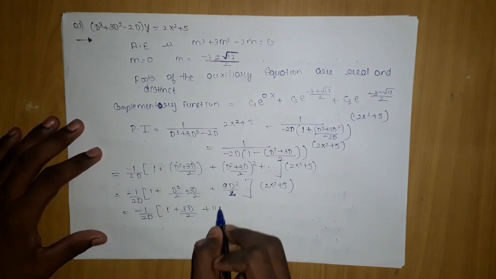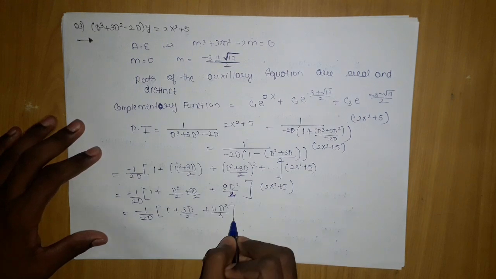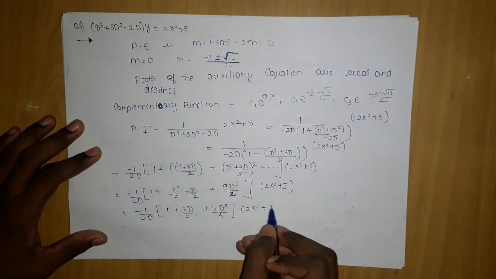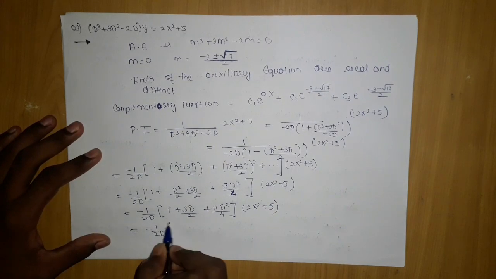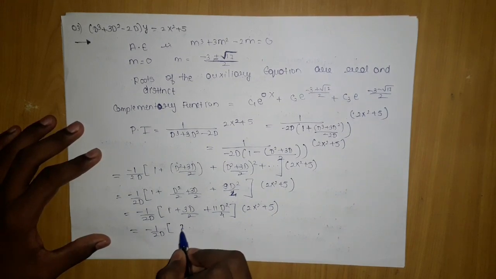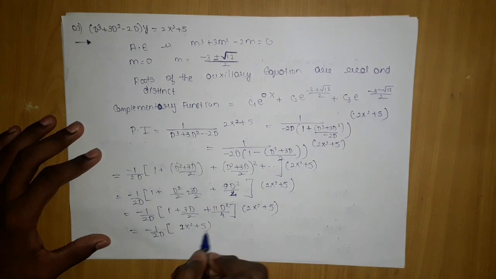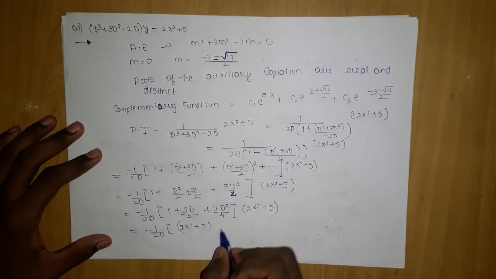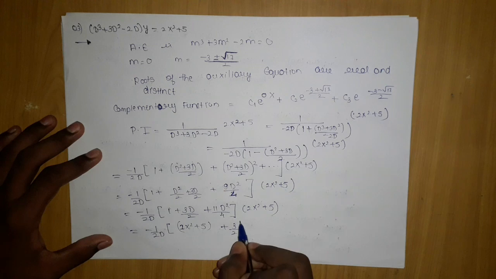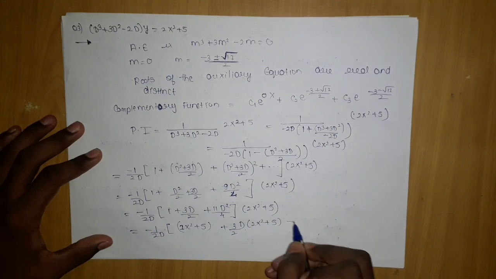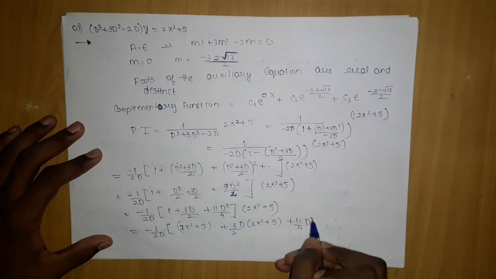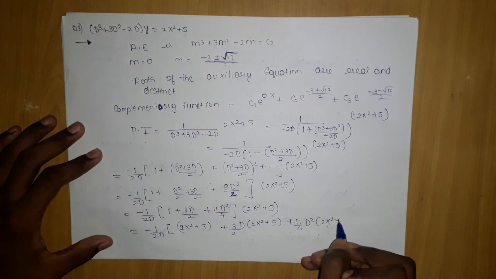So plus 11D square by 4 into 2x square plus 5. Multiply the thing with inside, which will give you 2x square plus 5 plus 3D by 2 into 2x square plus 5 plus 11 by 4 D square into 2x square plus 5.